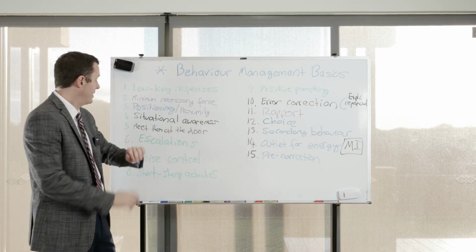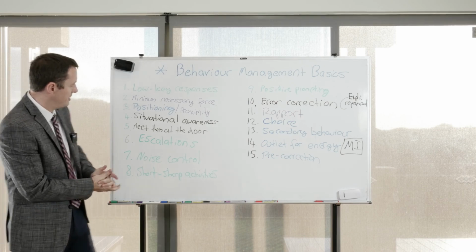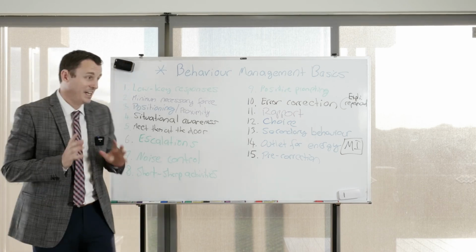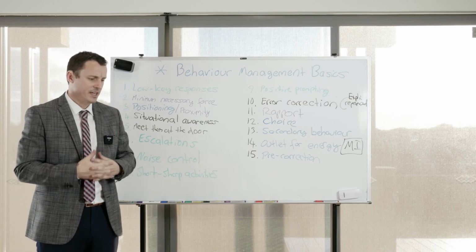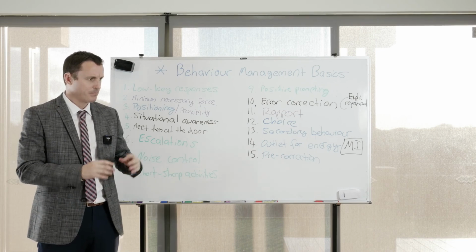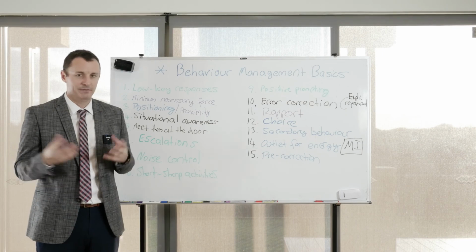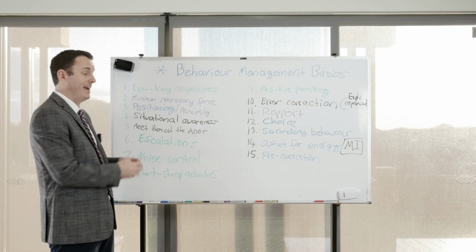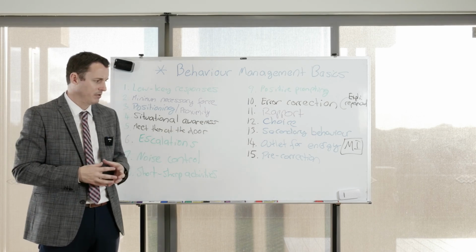Oh, and we've been through pre-correction. So that's the 1, 2, 3, 4, 5. Did I not skip a number? No, 15. 15 basic behaviour management strategies or techniques, bearing in mind that the same with the instructional videos that I talk about, I'm very hesitant to use the word basic or the word advanced, because I've got an advanced instructional video, for example, or advanced teaching strategies or whatever I called it.